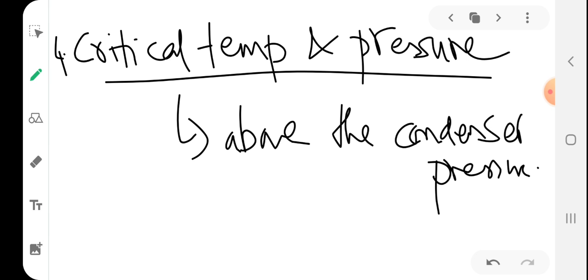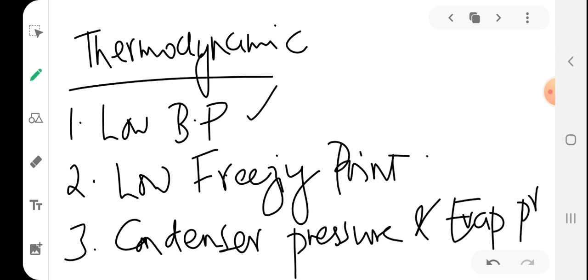If the critical temperature of a refrigerant is too near to the desired condensing temperature, power consumption increases. So these are the thermodynamic properties that should be taken care of while selecting a refrigerant.